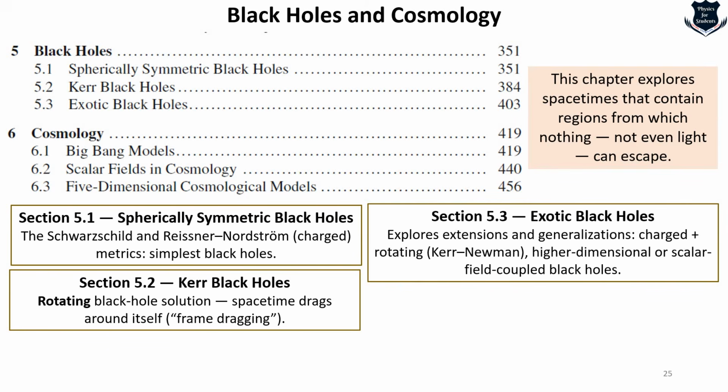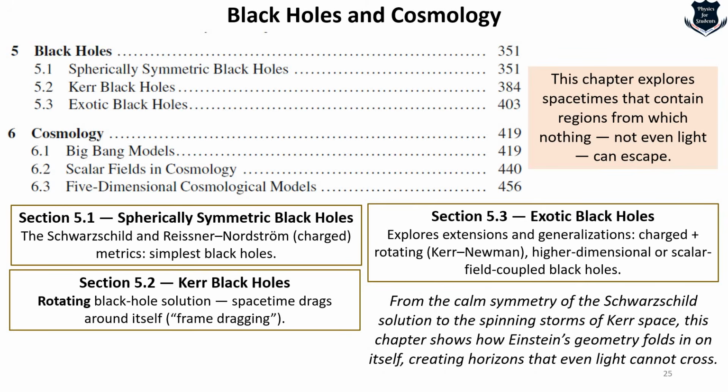Then it goes into exotic black holes, exploring extensions and generalizations, and we can say that from the calm symmetry of the Schwarzschild metric, which is non-rotating, non-charged and spherically symmetric, we actually move into the Kerr space. So it shows how Einstein geometry folds in on itself, creating horizons that even light cannot cross, that is, black holes.